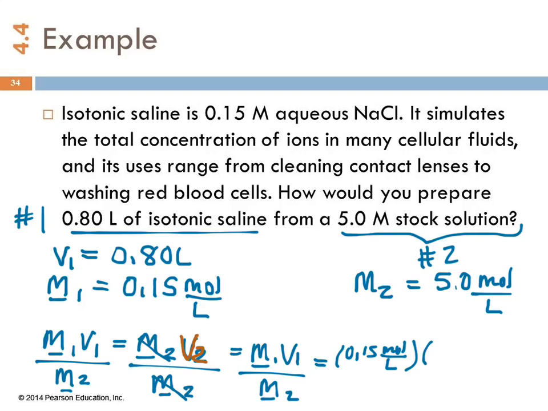V1, 0.80 liters. M2, 5.0 moles per liter. Look at the units. Well, we have moles per liter on the top and moles per liter on the bottom. Those guys are going to all cancel out. We're left with a unit of liter, which is a perfectly good unit of volume.